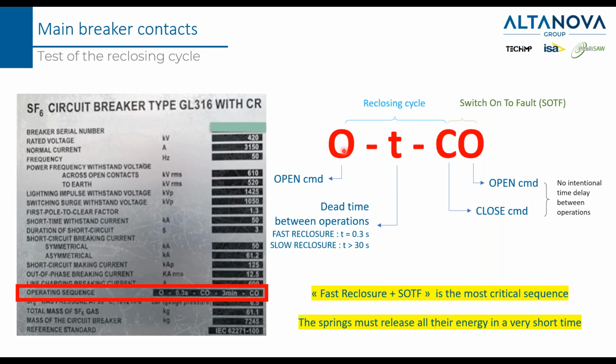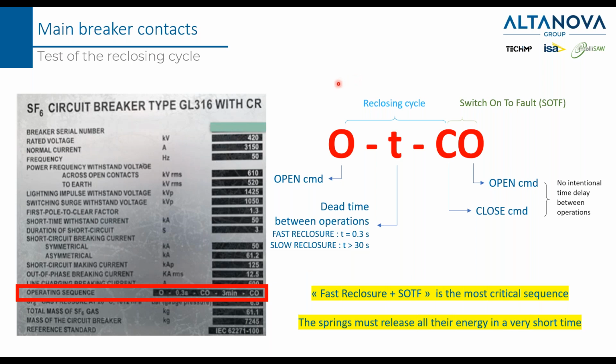The time delay between the first open command and the first close command, the duration of that time, changes the name of the reclosing cycle. So if it is 300 milliseconds, we can say that it is a fast recloser. But if it is higher than 30 seconds, we are talking about slow reclosers.